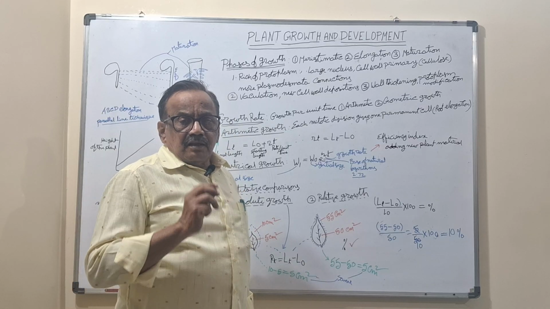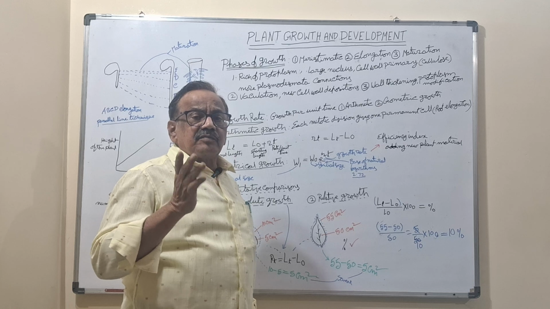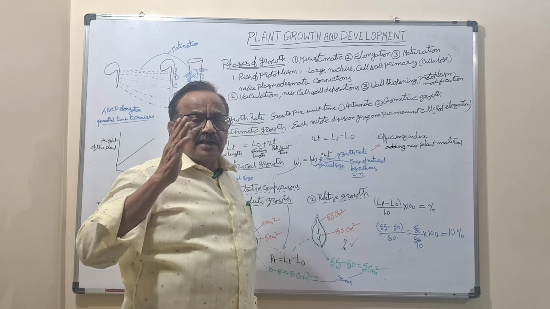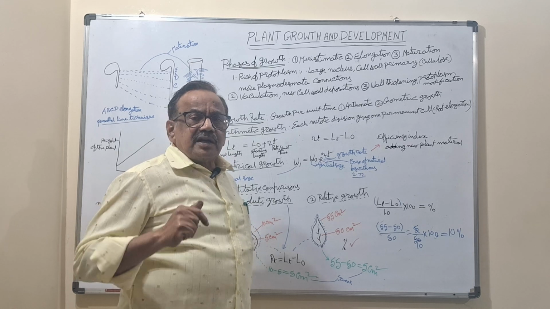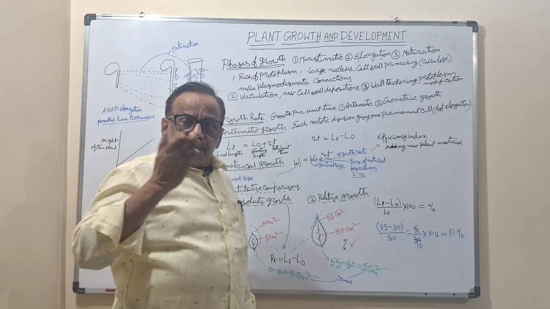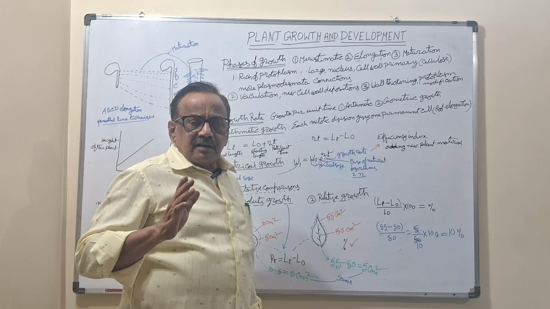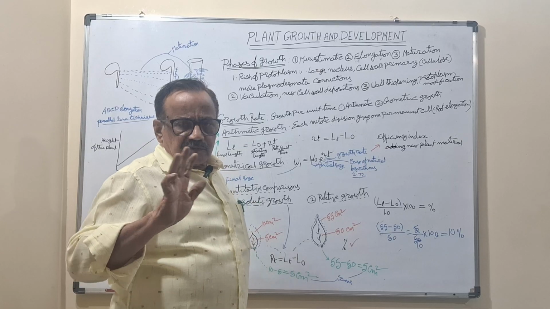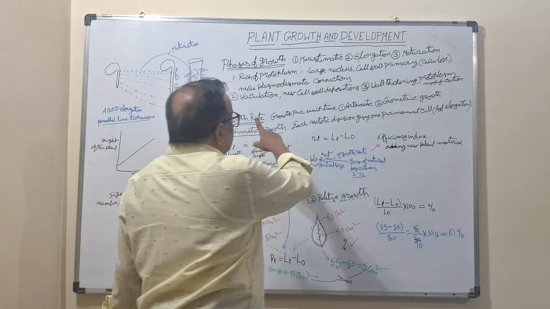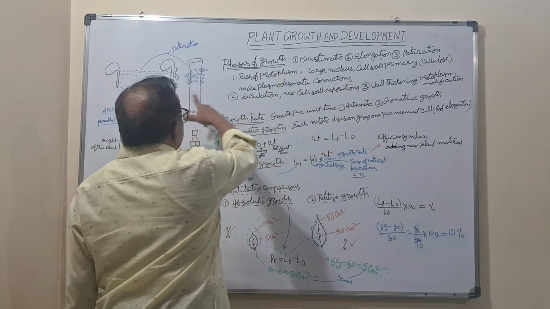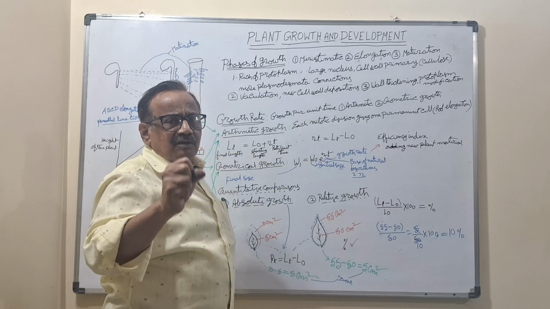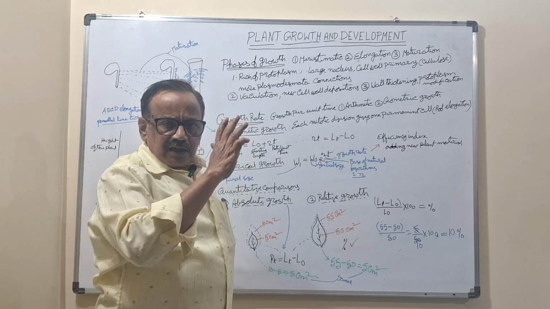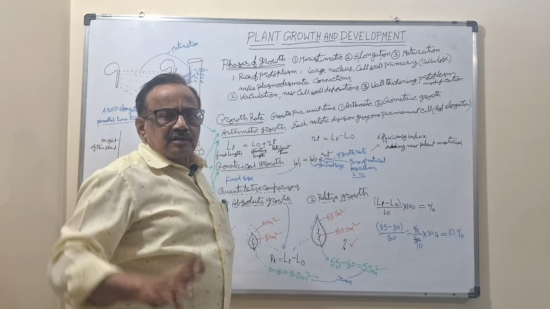But the secondary cell wall formation mainly leads in the vascular bundles, and next it will be the collenchyma, and in the complex tissue, some cells. So this is the explanation for this one. If you know this one, any type of question in the NEET, this is the concept, you can give the answer.